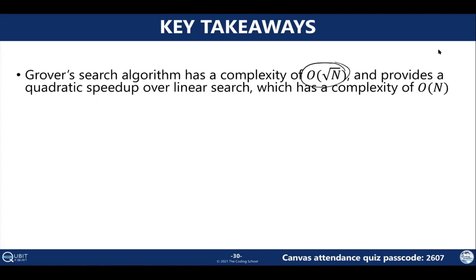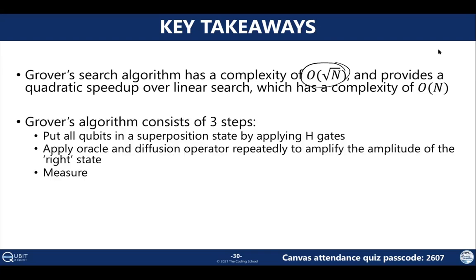So that means you have to run the Oracle Grover diffusion square root n times, depending on what your n is. For 2 qubits, you only have to run it once actually, but for larger circuits, you need to run it square root n times.